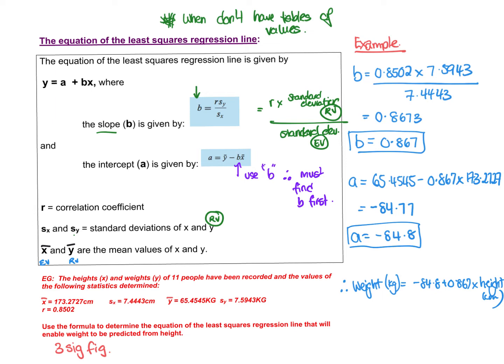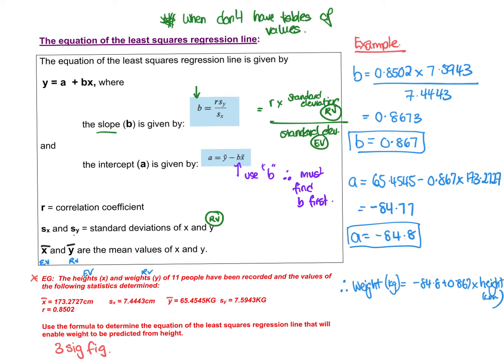So down here, I've done a little example for you. It said the heights and weights of 11 people have been recorded. So we've got two numerical variables, so we can do this least squares line. They've given the mean of X, and they said heights was X, so they were nice and reminded us that height is EV and weight is RV.